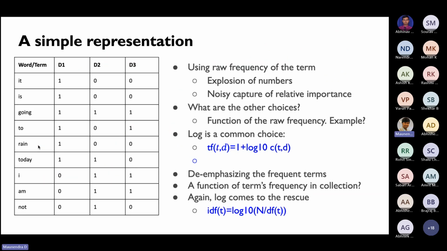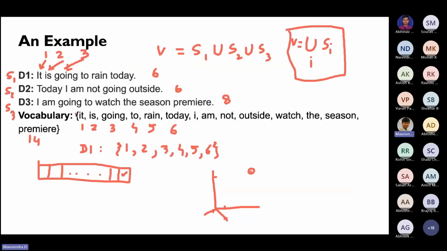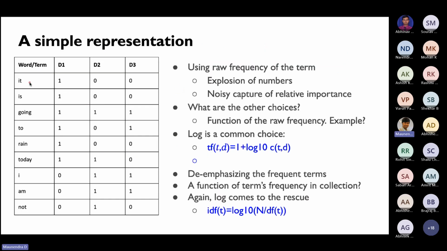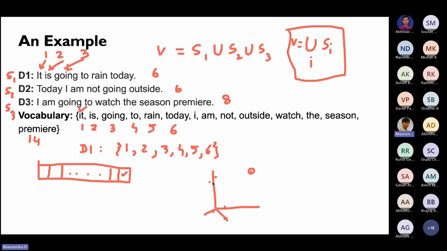Each document D1, D2, D3 will be represented as a 14-dimensional vector, and each dimension will correspond to one term from the vocabulary. So the first term is the first dimension, is the second dimension, going is the third dimension, and so on. That takes care of the number of dimensions.